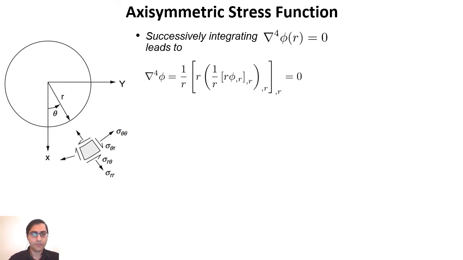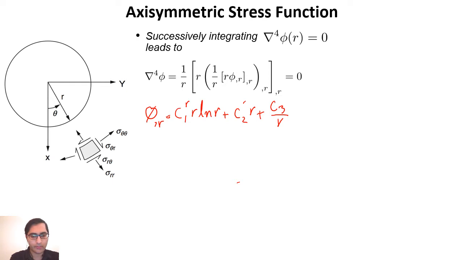Okay, we ended up with φ,r equal to c1 prime r ln of r plus c2 prime r plus c3 divided by r.